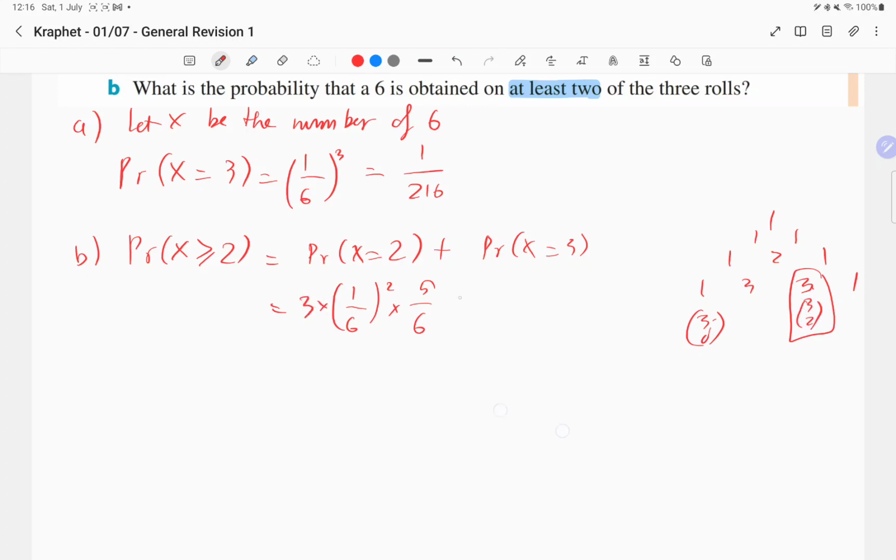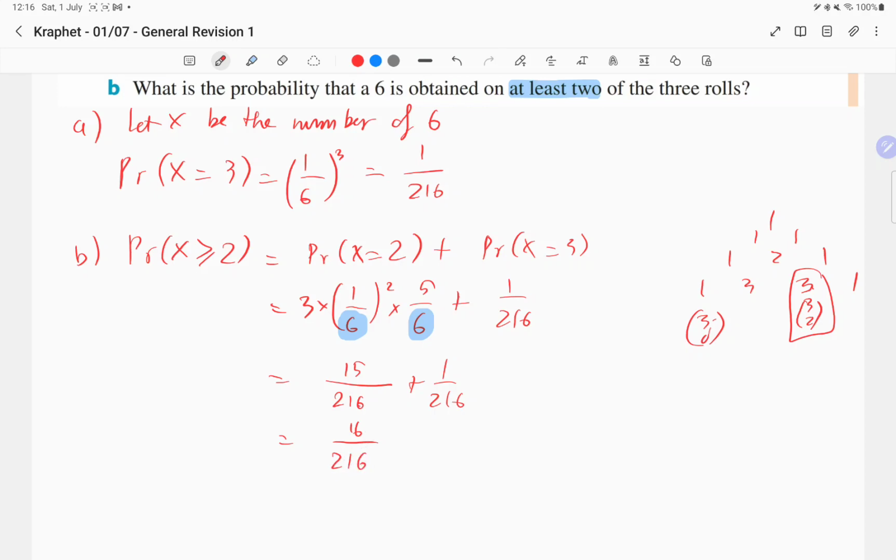Then you add what we found earlier, 1 over 216. On the left-hand side it would be 6 squared times 6, which is the same denominator, so it's over 216, and on top it's 3 times 5, which is 15, plus 1, so 16 over 216.